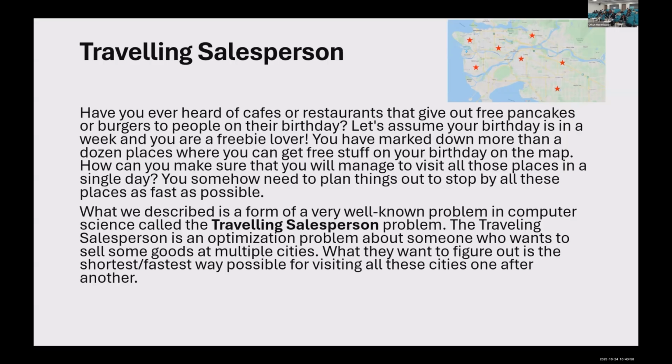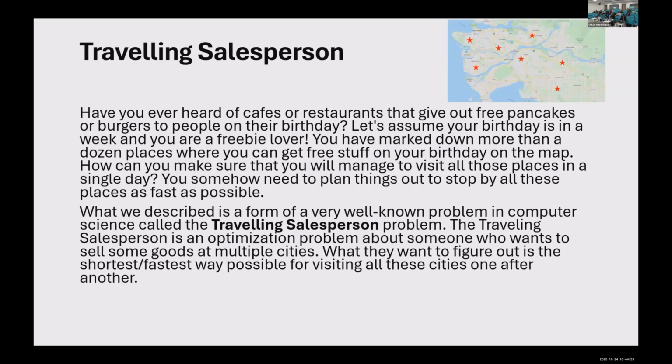And you're a freebie lover, so you have marked down more than a dozen places where you can get free stuff on your birthday on the map. Okay, and this is our map. How can you make sure that you will manage to visit all those places in a single day? You somehow need to plan things out to stop by all these places as fast as possible, right?